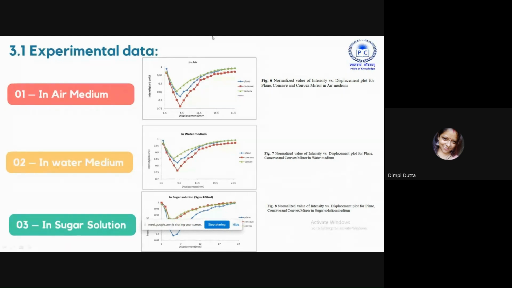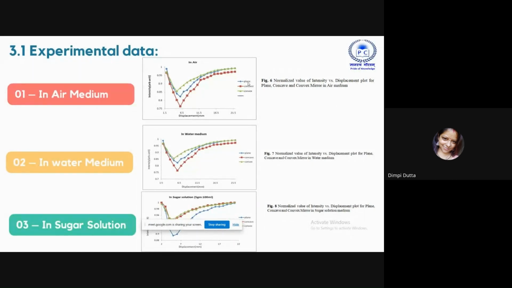And out of the three, concave is performing better than the plane mirror. So we can say that if we use any reflector, convex can give better performance and show us the displacement response quickly in comparison to concave and plane, because I have used only these three.